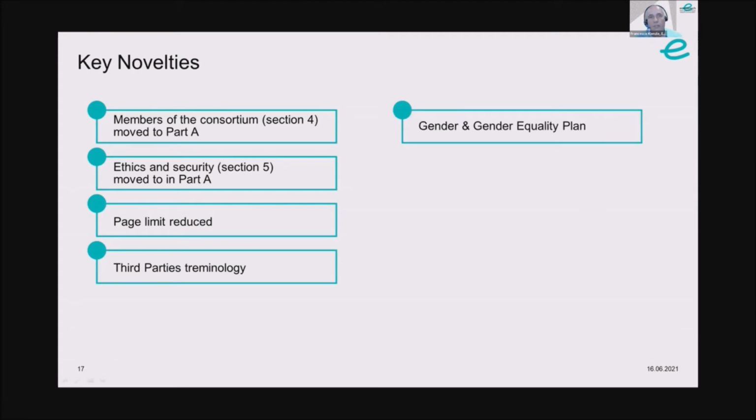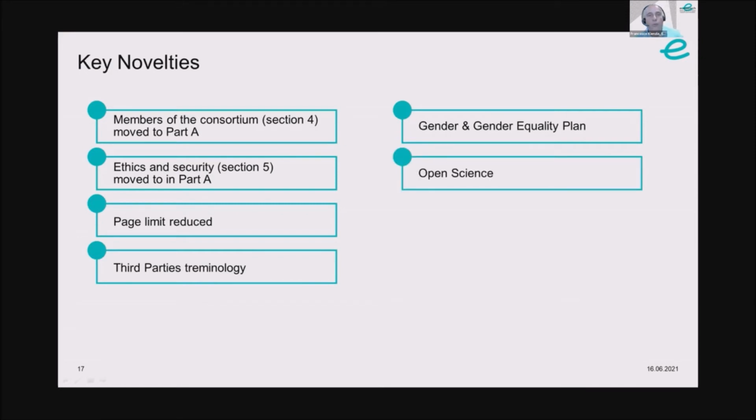Gender has always been an important element in Horizon 2020, but Horizon Europe is even stronger, meaning now it's an evaluation criterion, and there is a new element, a gender equality plan, which is not mandatory yet, but which will soon be mandatory.